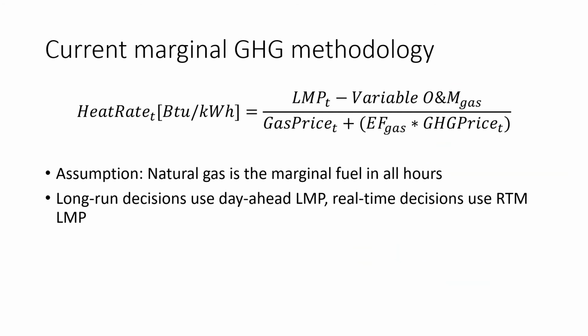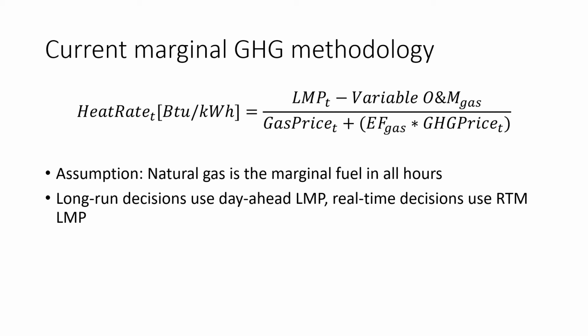So how does this method work? Basically, what it's trying to do is calculate a heat rate of the marginal plant, which describes how much fuel that plant is consuming per amount of electricity it generates, based on the locational marginal price, and then get the marginal emissions rate from that. The primary assumption of this method is that natural gas is the marginal fuel in all hours.